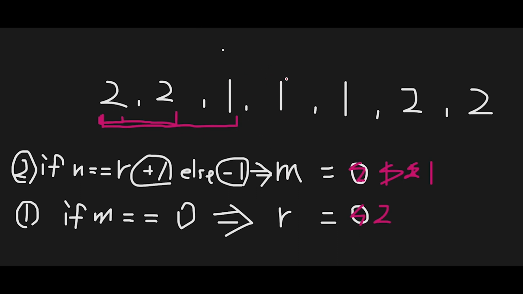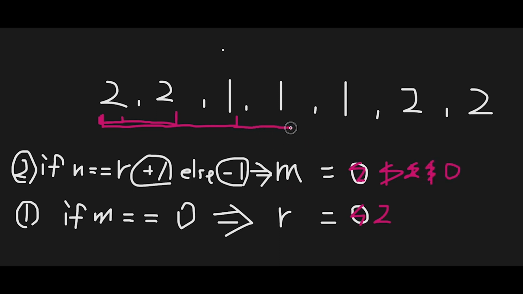We find 1. So if the majority number equals 0, but now it's 1, so I don't update the result variable, it stays 2. And if the current number equals the result variable, so 1 equals 2, it's false. In that case, add -1 to the majority variable. So now the majority variable is 0.